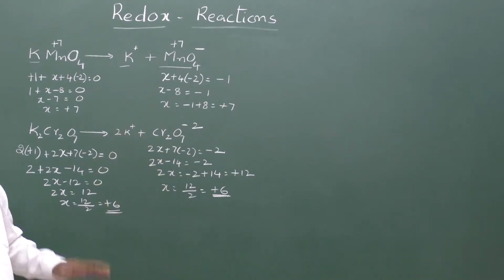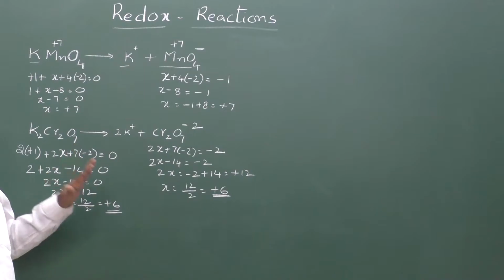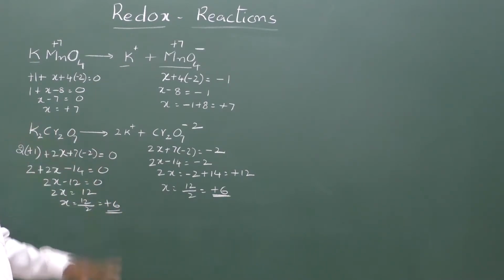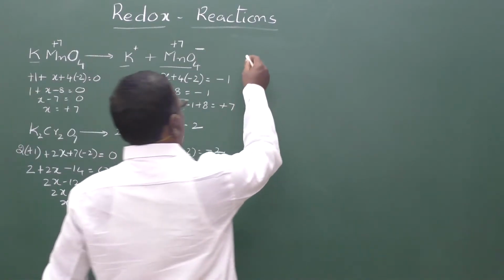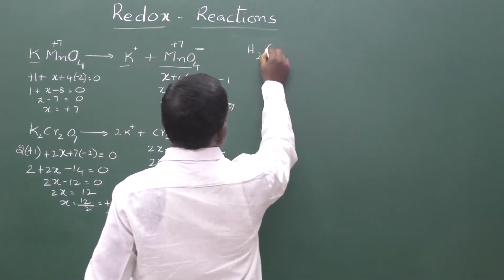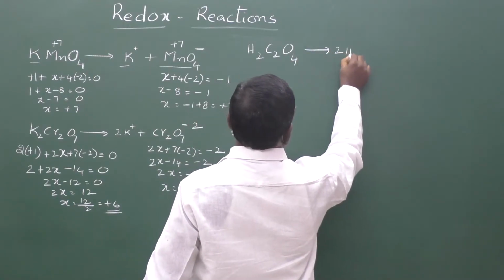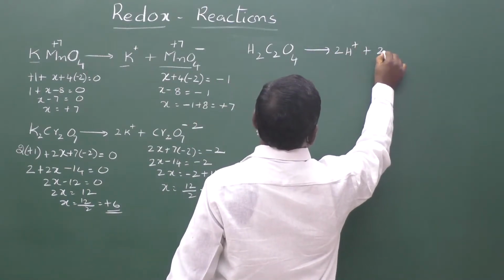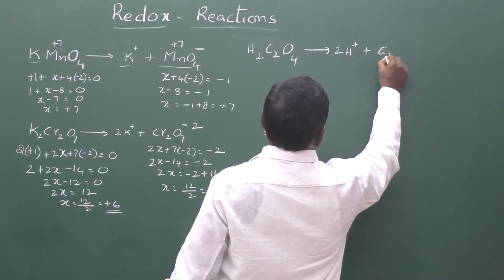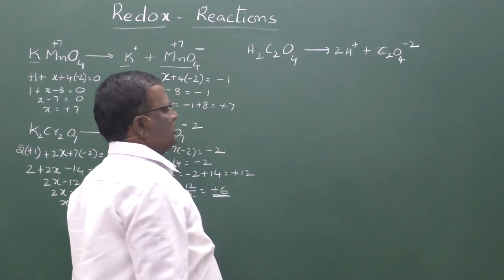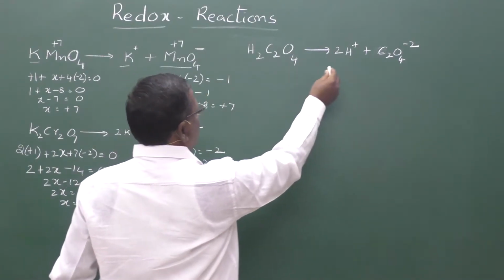It indicates that due to ionization, the oxidation state of any element is not going to change. Similarly, you can calculate for H2C2O4, oxalic acid. It ionizes as 2H+ and C2O4 2-.